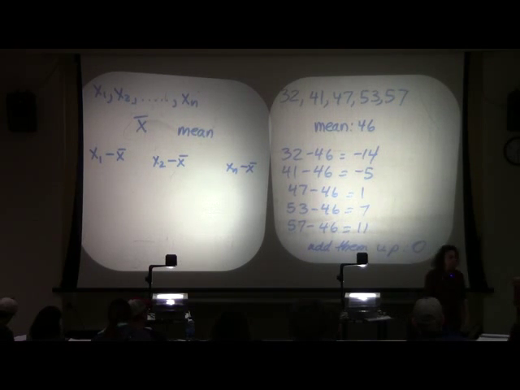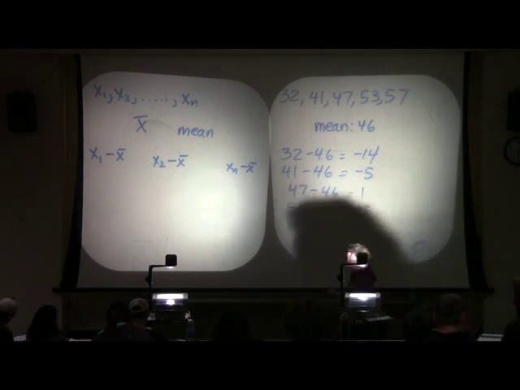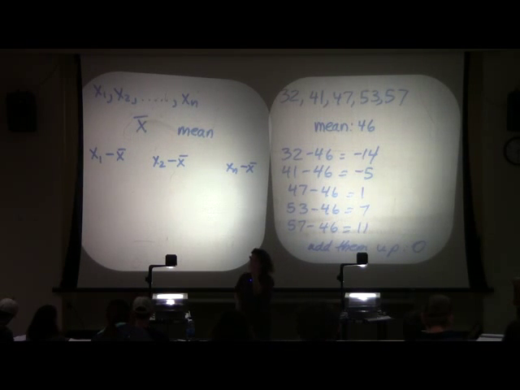So, then we back up and we ask ourselves, okay, we're in a math class. We know how to get rid of negatives. There's actually 2 ways in math we tend to get rid of negatives, not just erasing the negative sign. One of them is the absolute value, and the other one is squaring things.